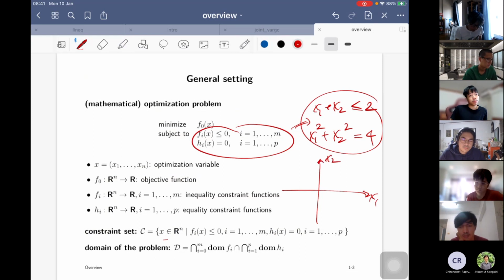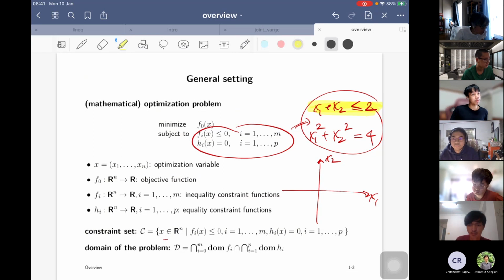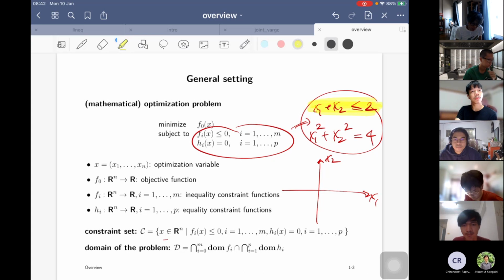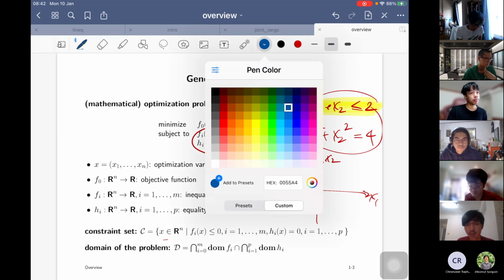The first constraint, how can you describe this? x1 plus x2 less than 2. How can I describe all those vectors x that satisfy this inequality? I'm going to draw a line.